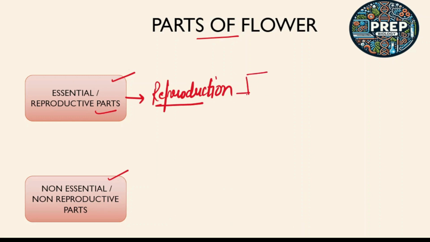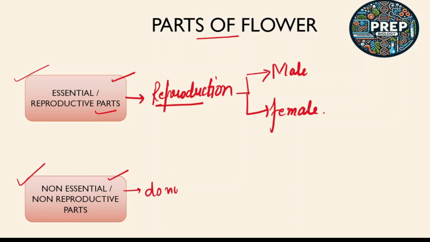In this category, we have two subparts, male reproductive part and female reproductive part. This is all about essential parts. Now, what are non-essential parts? Non-essential parts are also important for the flower, but they are not directly involved in reproduction. That's why they are called non-reproductive parts.